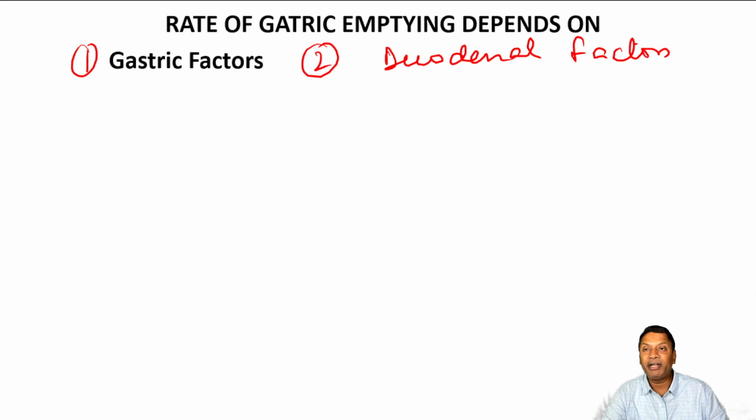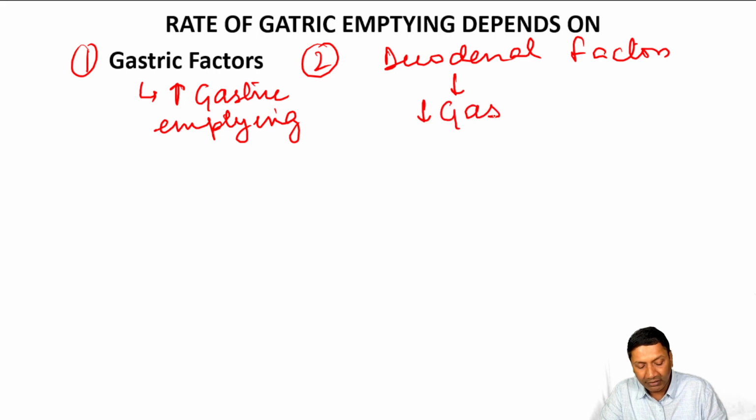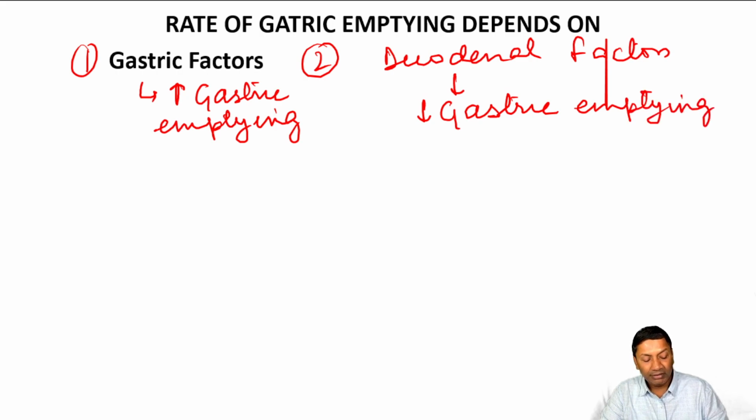The gastric factors will increase the gastric emptying, and the duodenal factors will decrease the gastric emptying.